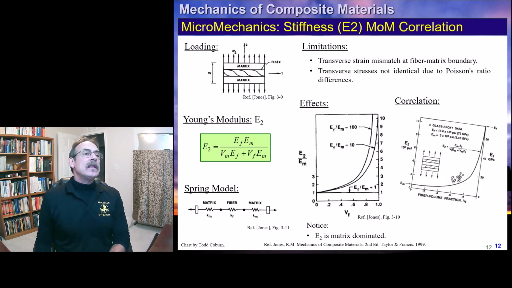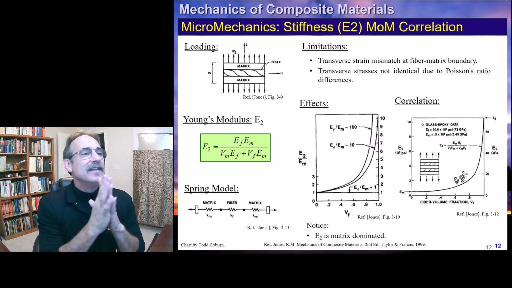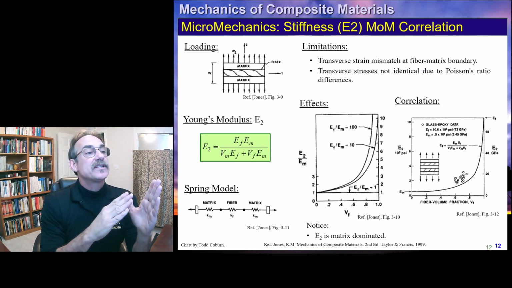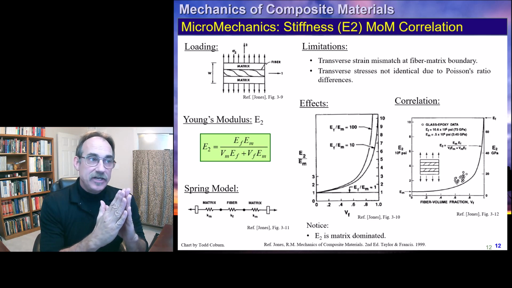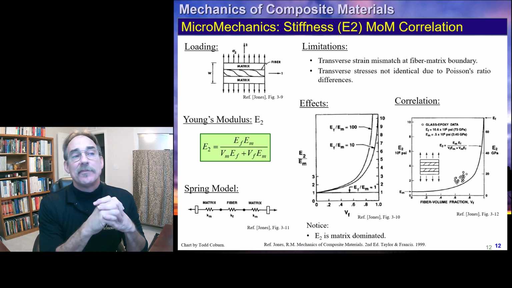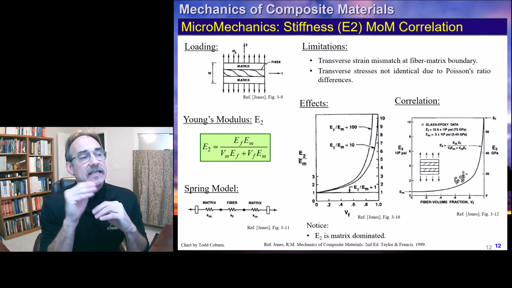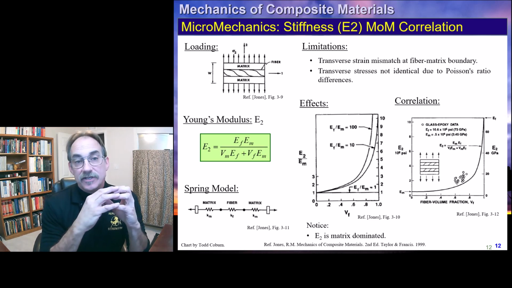Okay? This is a little sketch of a correlation from Jones again. Here we see our matrix going to our modulus, how it changes for different volume fractions of a particular glass epoxy. And we see that the test data shows that we're under-predicting E2.